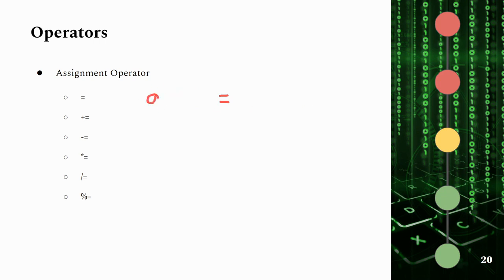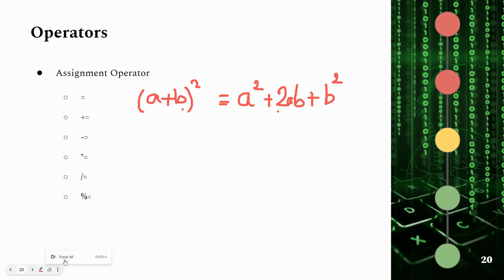We see equations like a plus b whole square equals a square plus 2ab plus b square. We have written it in math courses also. In this case, this equal sign actually means that the left hand side and the right hand side are equal, but not in programming. No, they are not.